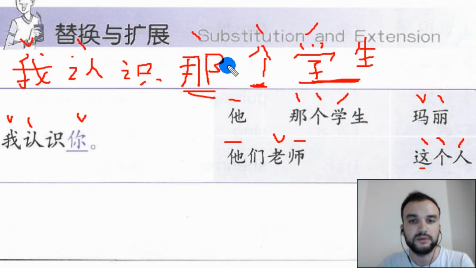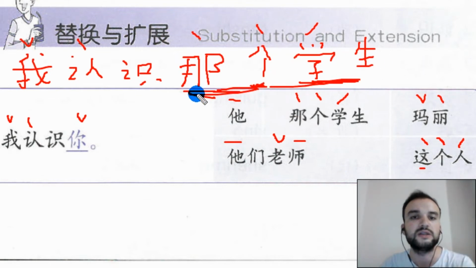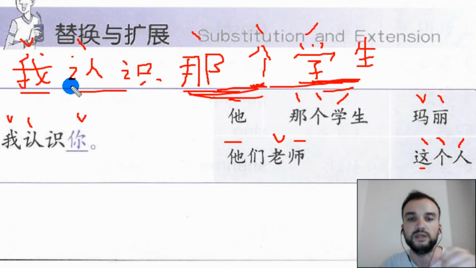For example, look, we translate this sentence. 那个 is that, 学生 is student, 那个学生 that student. So 我认识那个学生, I know that student.